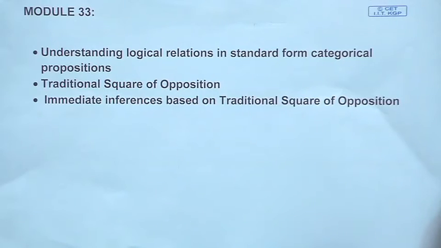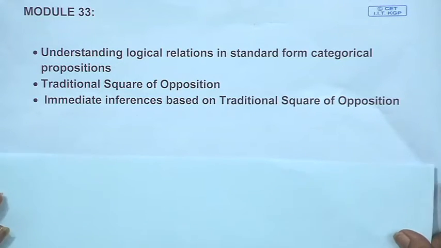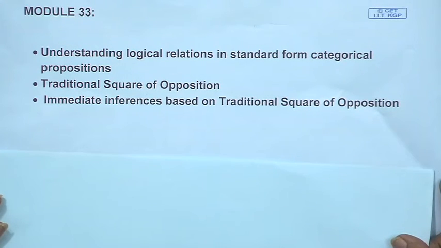Hello, welcome to module 33 of the symbolic logic course. We now embark on understanding categorical logic, or Aristotelian logic. We were talking about standard form categorical propositions in the last module, but time has come to look at them more closely. We have just barely gotten introduced to them.